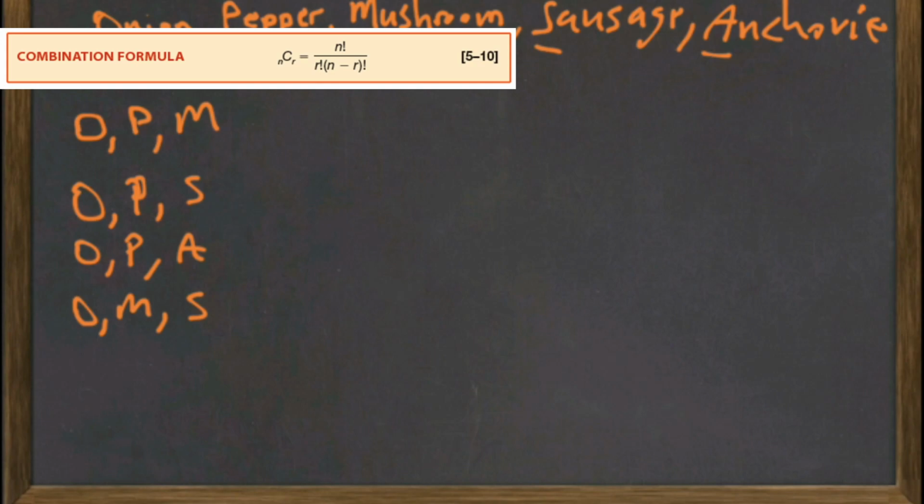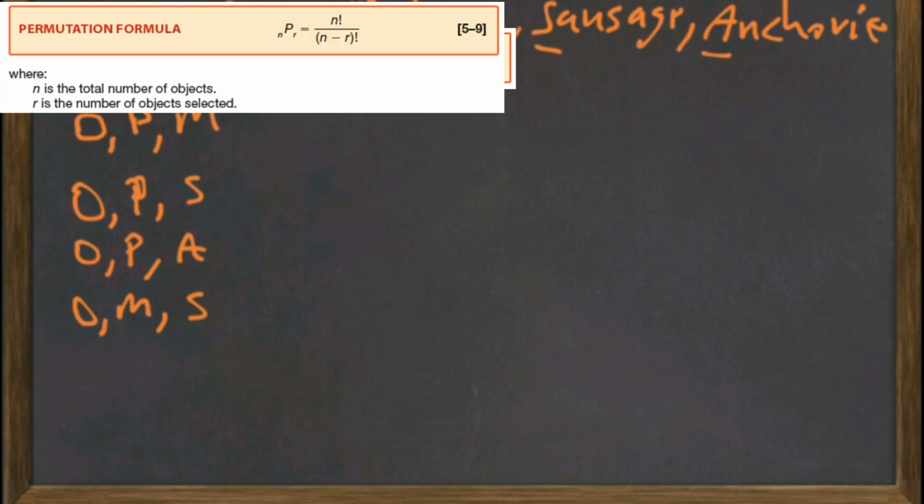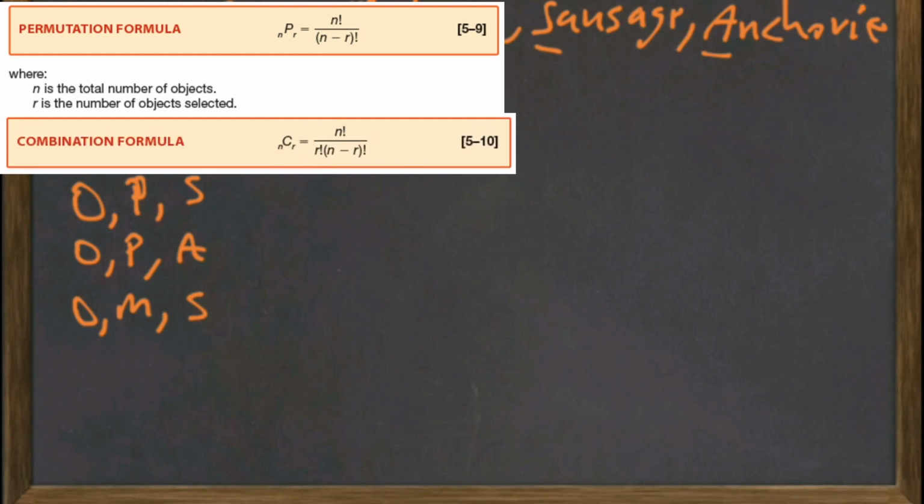So we are choosing 3. I'm just going to put up the permutation formula so I can compare across these 2. Notice it's very similar to what we just did, but here we have an extra little thing on the denominator, and we'll talk about the logic of why that exists.